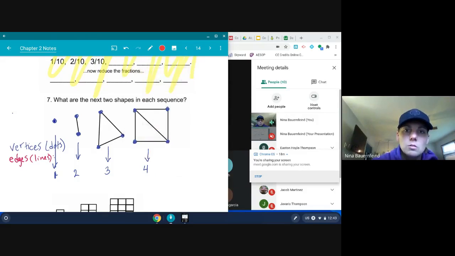All right. So then let's go through and we'll do the lines next. So in this first image, there's 0 lines. Jacob, how many lines are in the second picture? Jacob, you there? Okay.